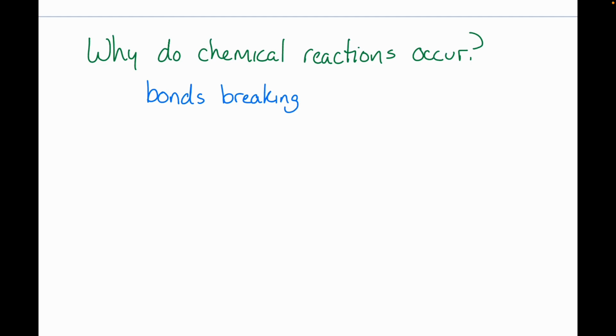One common feature is that bonds are breaking, and in order to break a covalent bond, we have to input energy. You have to put energy in to break a bond.